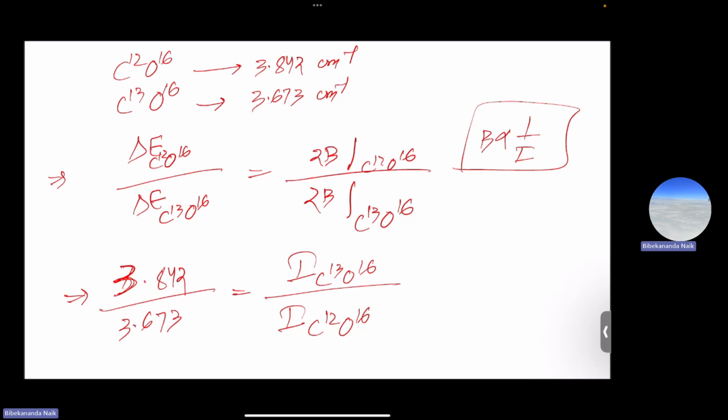In the previous case where we were writing B, in the numerator it was C12O16, but here since B is inversely proportional to moment of inertia, it will be C13O16.